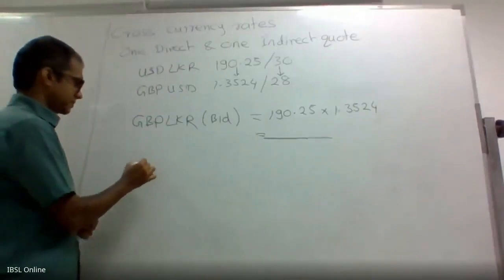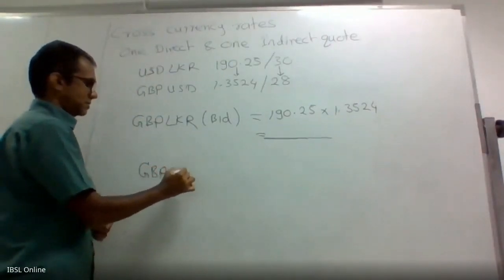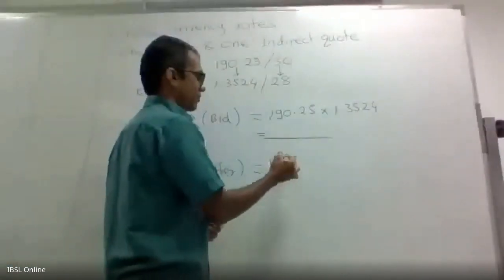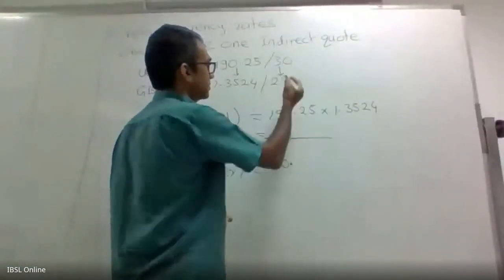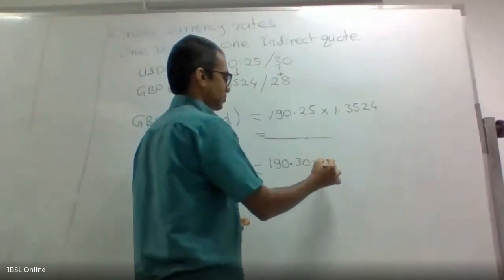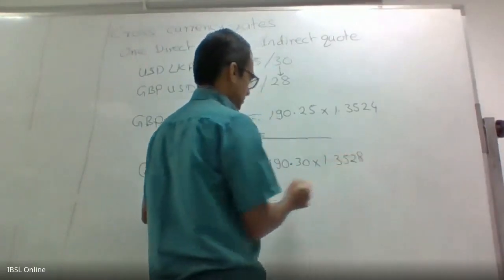That's the bid rate. GBP/LKR offer rate: offer of the weaker currency into offer of the stronger currency.